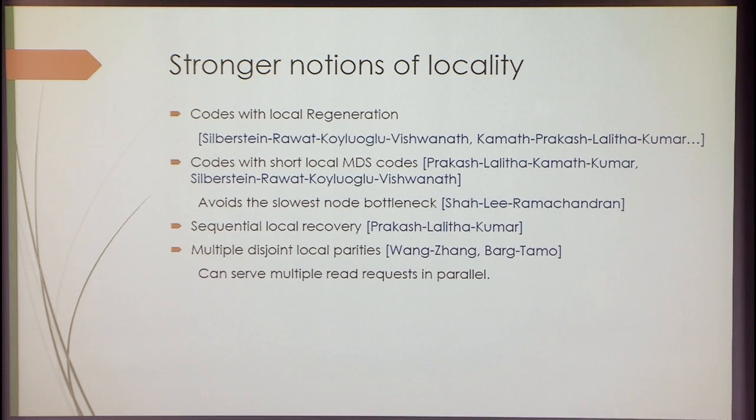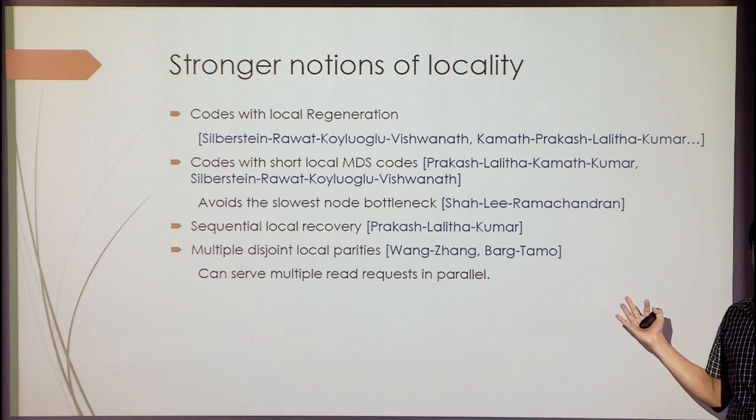For the computer scientists in the audience, none of these notions are exactly aligned with what we think of as locally decodable codes. As David pointed out last time, I haven't really defined what locally decodable codes are. I will shortly. Here is a notion which comes very close to it. They say, okay, what is locality? It means there's a group of R other things that you can read to repair this node.